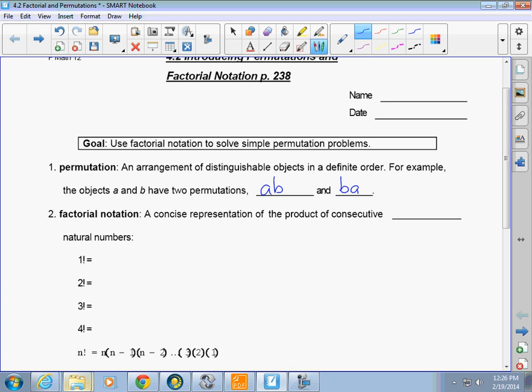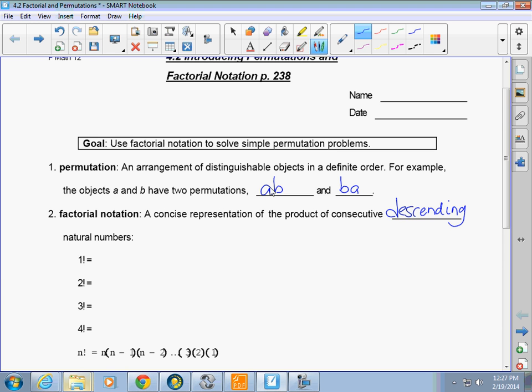Factorial notation then is a concise representation of the product of consecutive descending natural numbers. When we talk about factorial notation, we're taking a natural number and then doing the product of the numbers from that number down to 1.